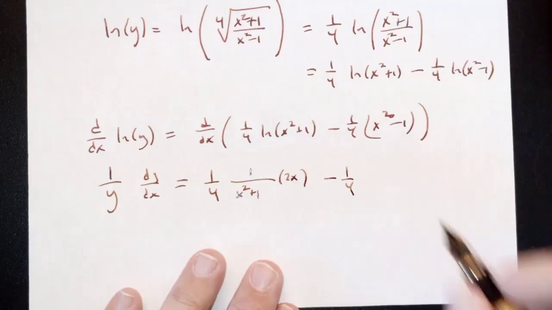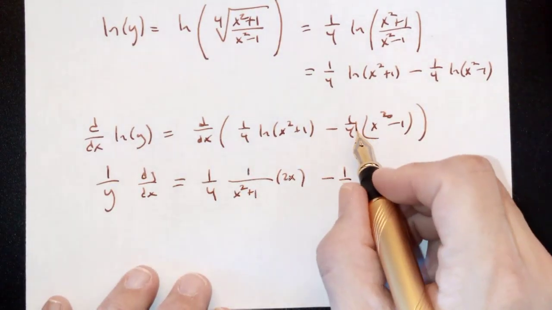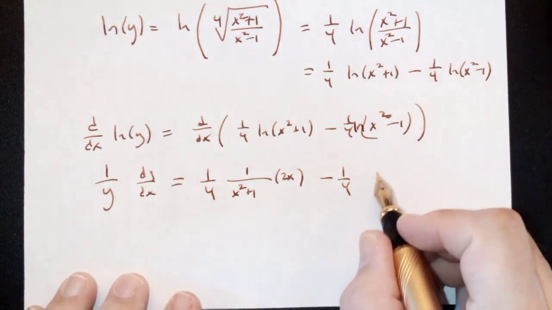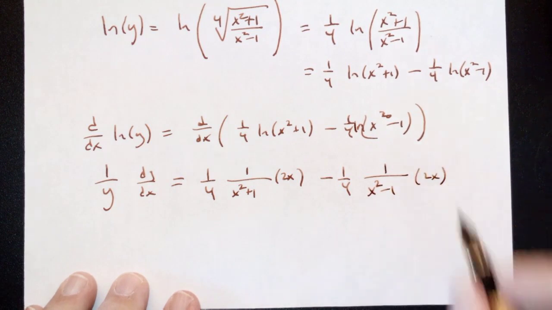Oop, I made a copy error. I forgot to write the ln there. Can't take the derivative of an ln if I don't have an ln there. Ln of stuff is 1 over stuff times the derivative of the stuff.